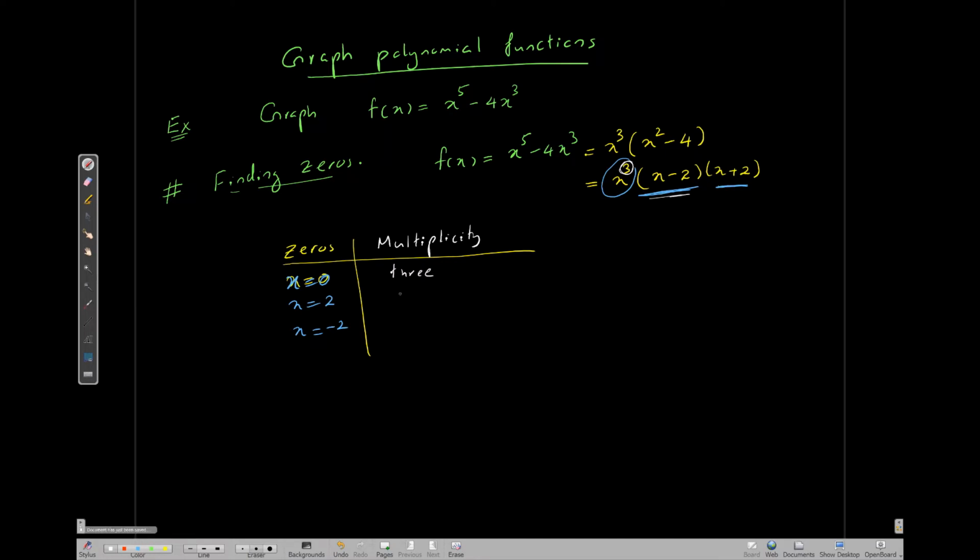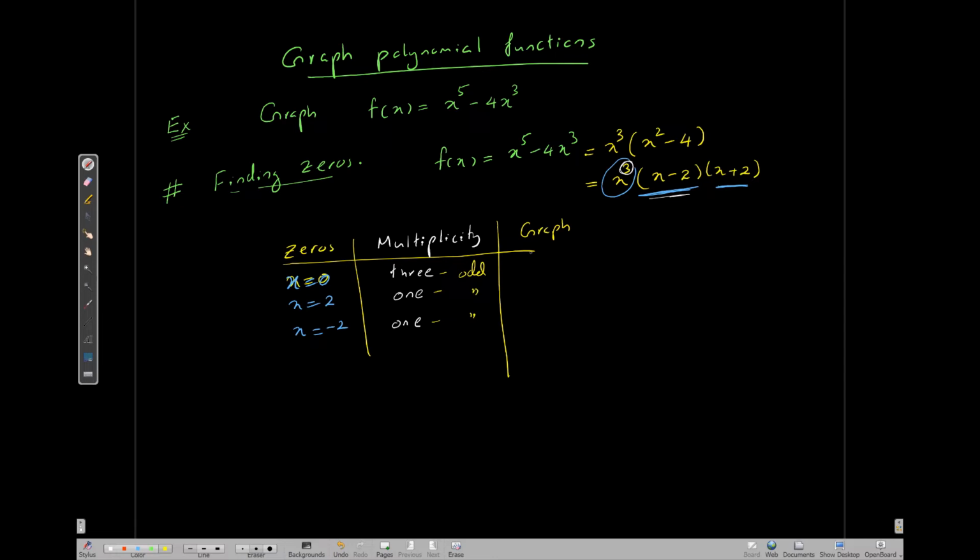This one has multiplicity 1, and this one has multiplicity again 1. Because all of these three are odd, the graph crosses at all three places.